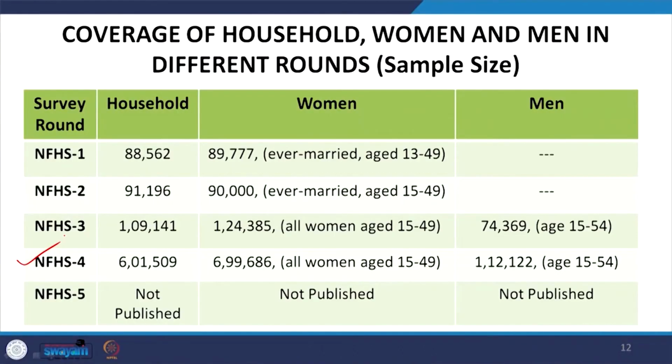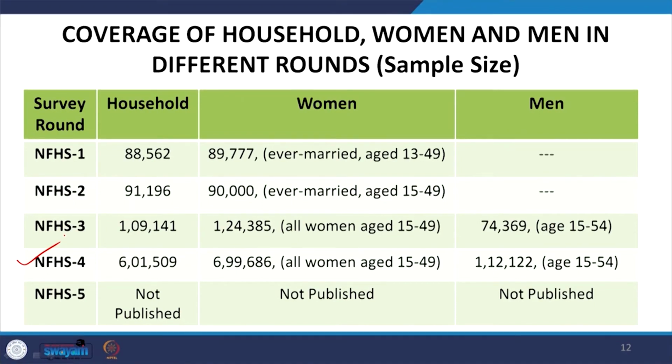Now, here NFHS 4 covers 6,01,509 households, which is much higher than any other unit level database in India presently has. No database in a single round covered such a large number of households.